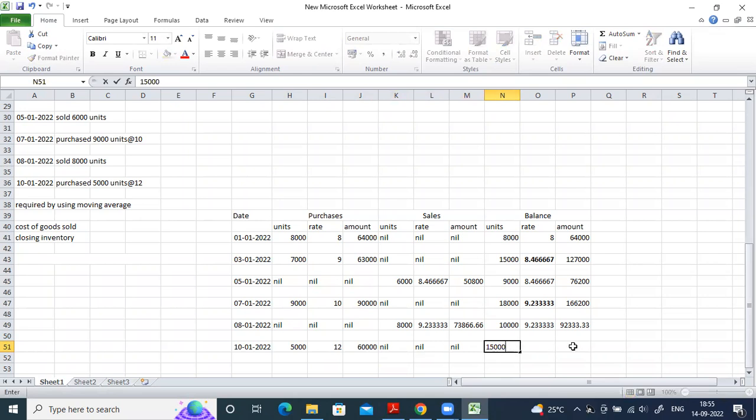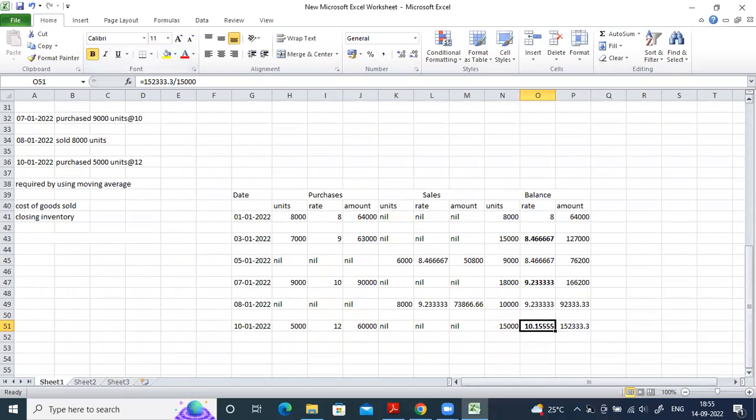Perfect. The amount will be 1,52,333.33. And the average rate will be 1,52,333.33 divided by 15,000, so 10.15. This is the average rate.